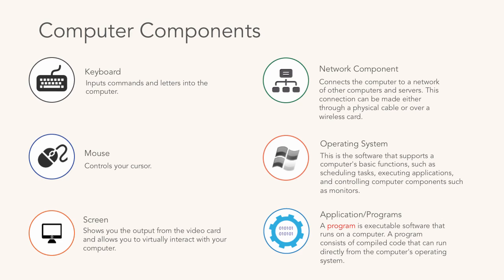Regardless, your applications and programs are the executable software that runs on a computer. It's basically a bunch of compiled software code that's specifically designed for a purpose, like I need Word to create documents, or I want to edit files with Photoshop. So really important, your applications.